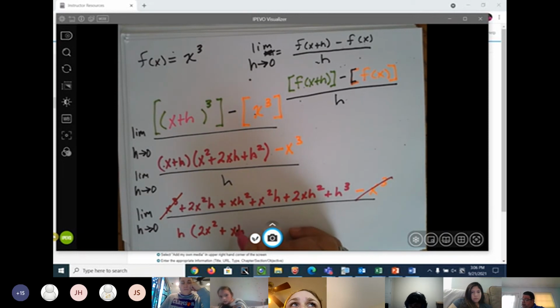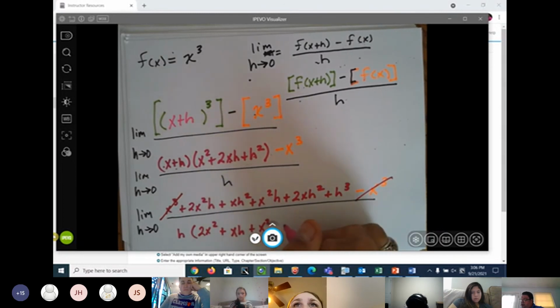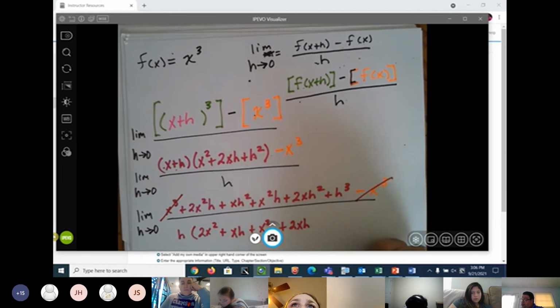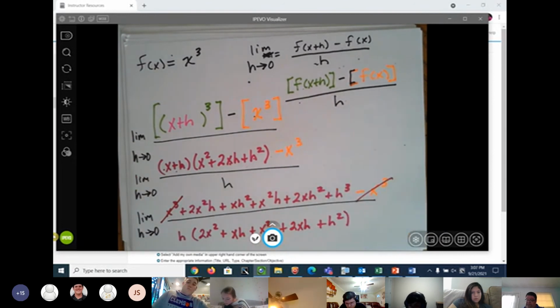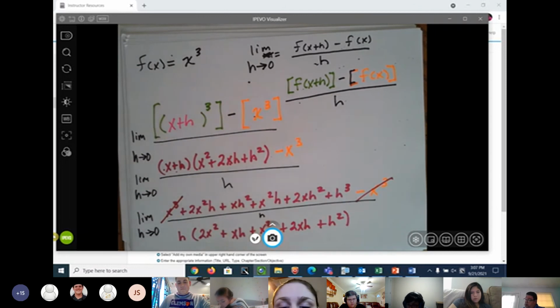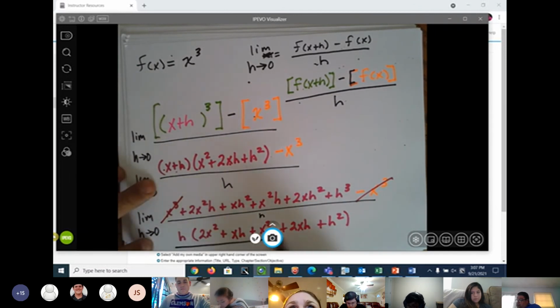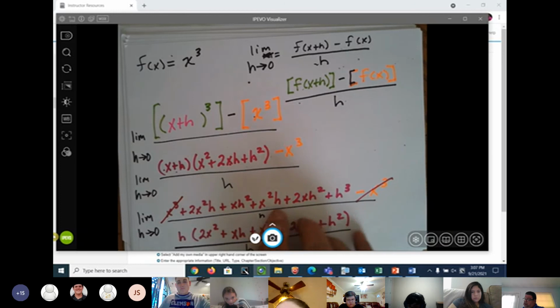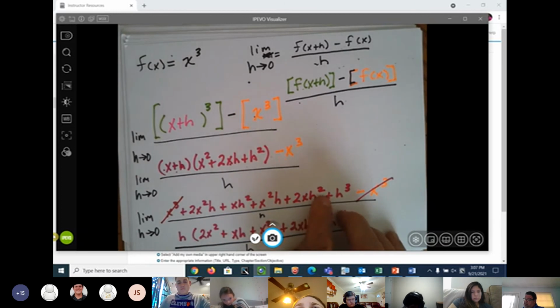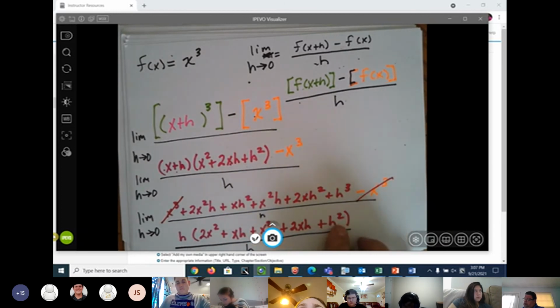Oh, shoot. xh plus x squared plus 2xh plus h squared, if I did that correctly. And all that's over h. I'm going to check it right quick. That h goes out, that h becomes 1h. That h goes out, that h becomes that h. And that h becomes that h.